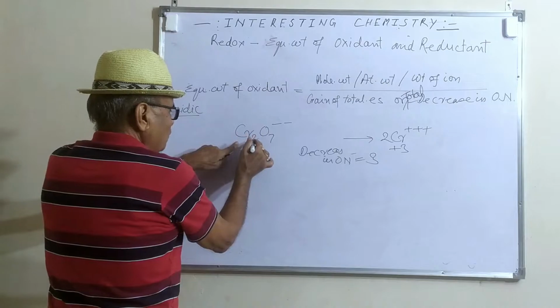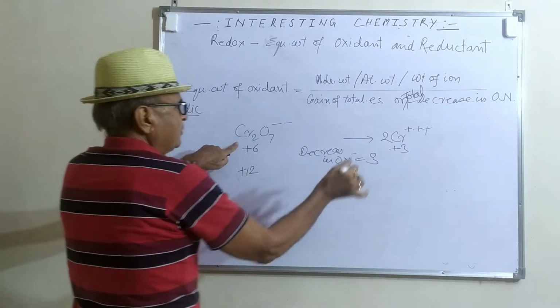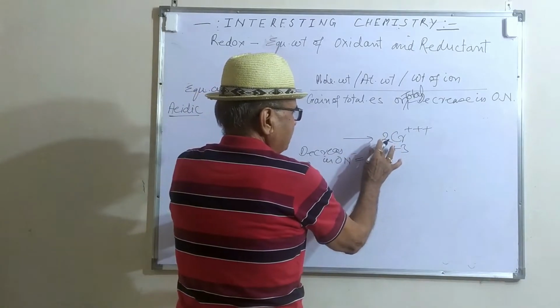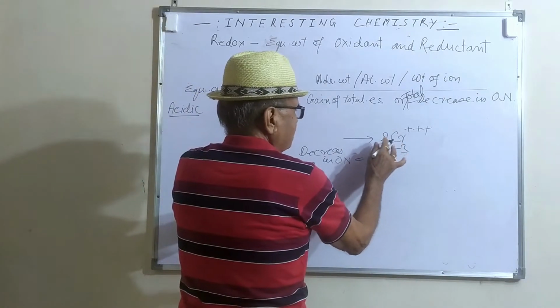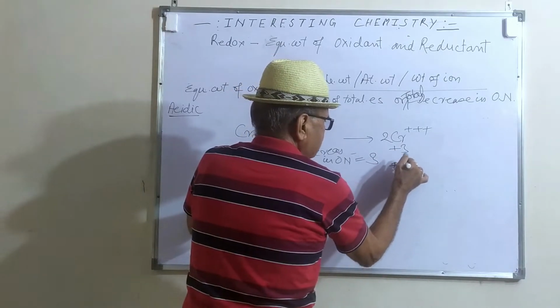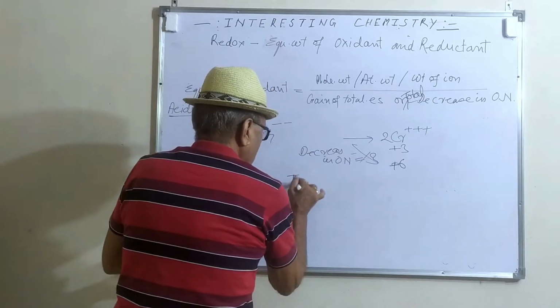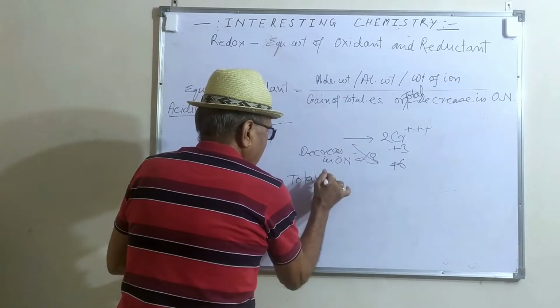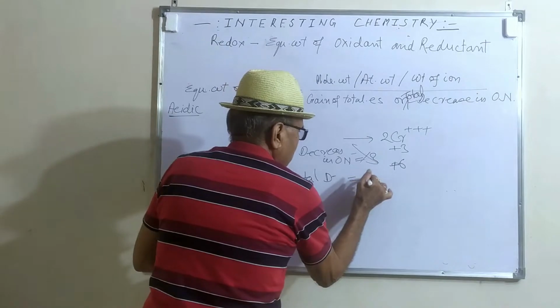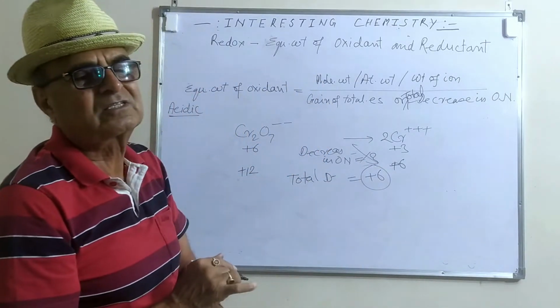The oxidation number of chromium is plus 6, so for 2 chromium it will be 12. So the total decrease is plus 12. Total decrease is 12.